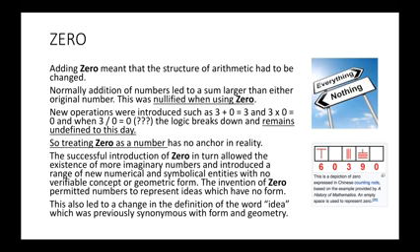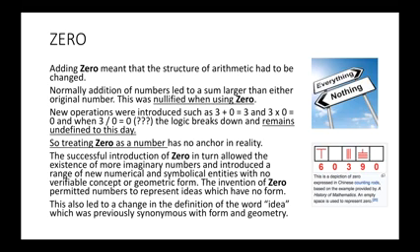But we do see that because the introduction of 0 came about and was accepted, it also allowed more imaginary numbers and a whole range of numerical and symbolical entities, which had no verifiable concept or any geometric form whatsoever.